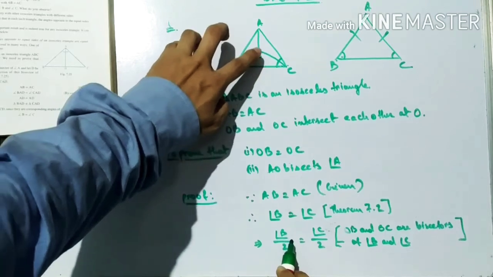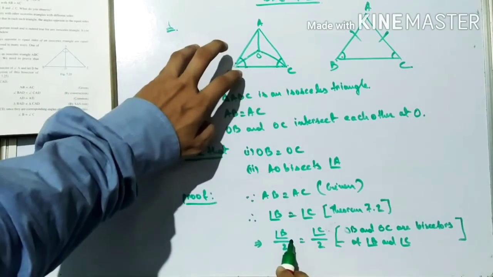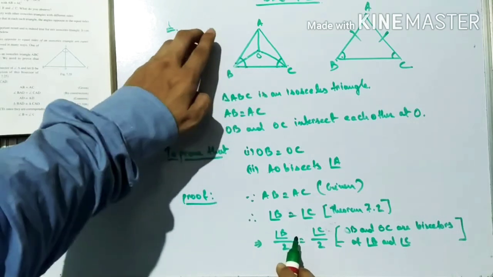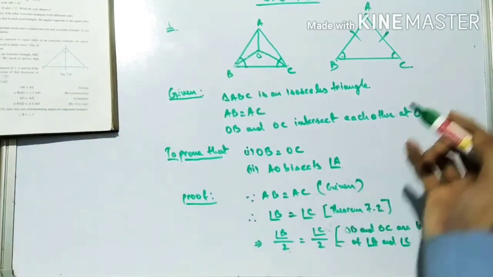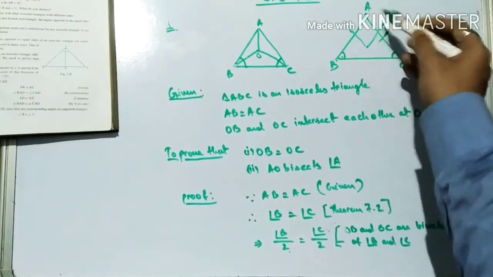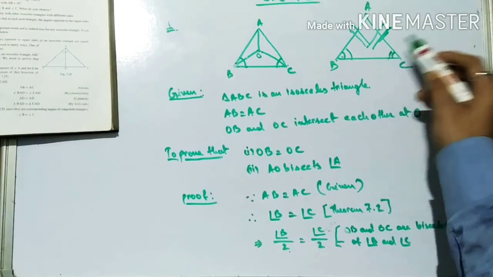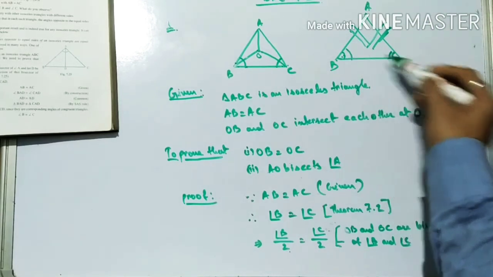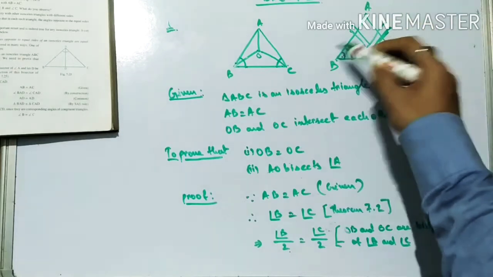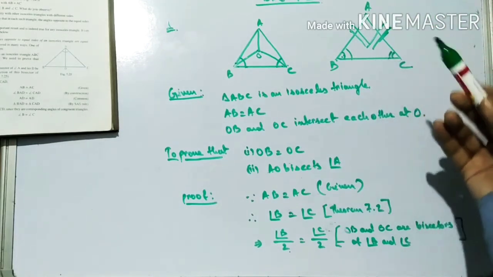So if I can show that angle OBC is equal to angle OCB, then by theorem 7.3 I can say that OB is equal to OC. That means if two sides are equal in a triangle, then the angles opposite to them are also equal. Or you can say that if two angles of a triangle are equal, then the sides opposite to those angles are also equal. Understand?